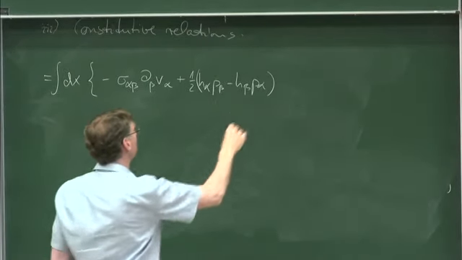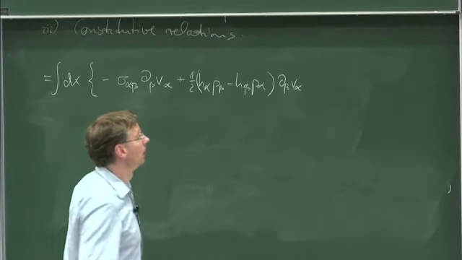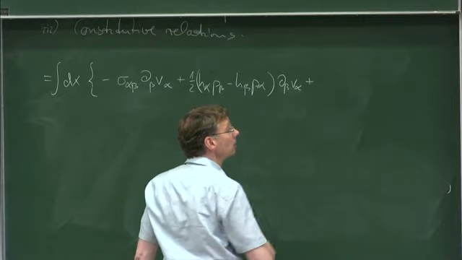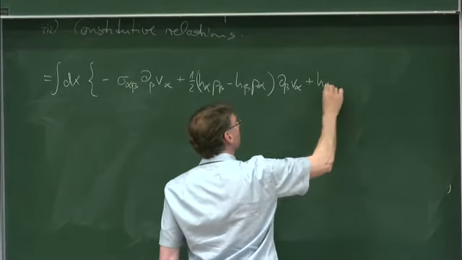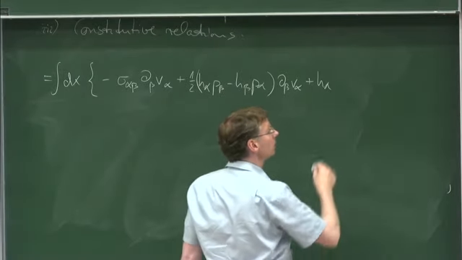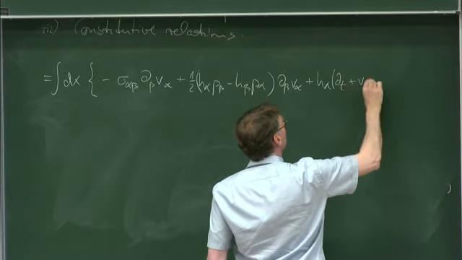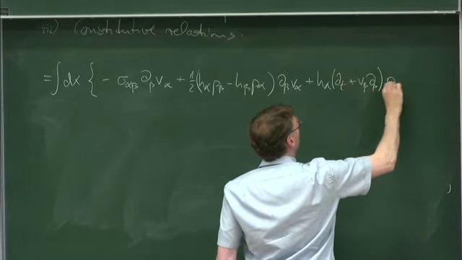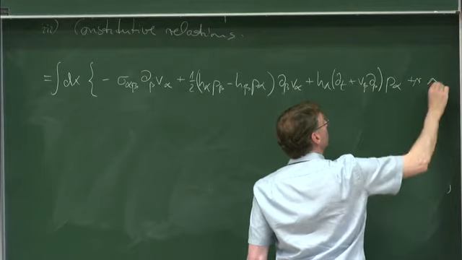And again, I have the d beta v alpha. Then I have a plus everything that comes from my previous terms involving p. So this is d t plus d beta v alpha. And I have to carry along my argument mu.